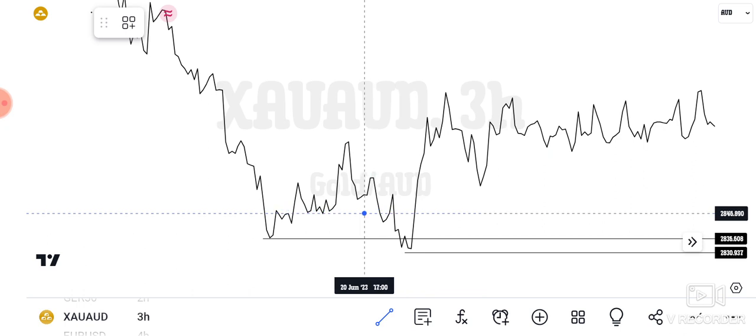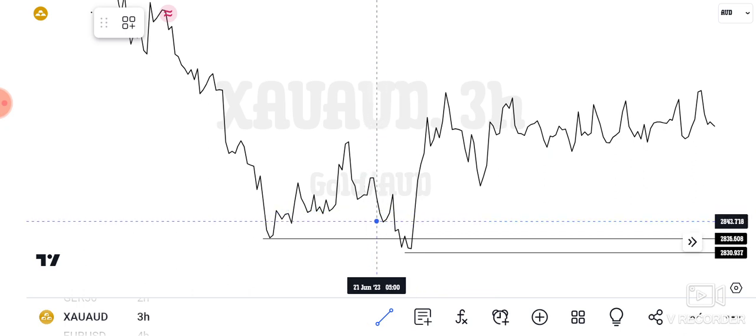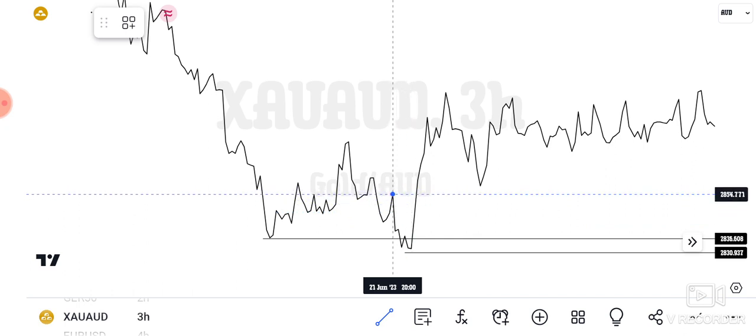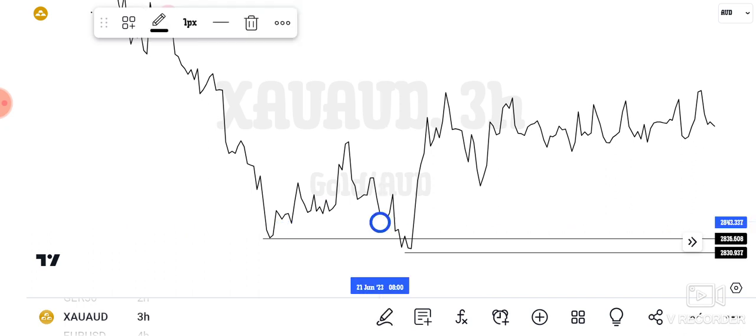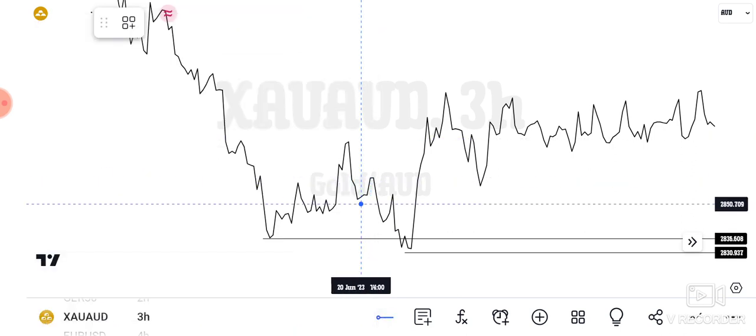We had the last low like this one, and the last high, which was this one. So this one was a low, that one was a low.